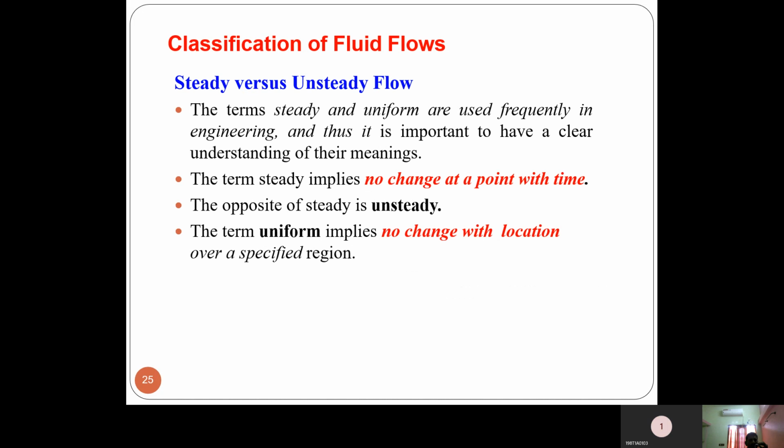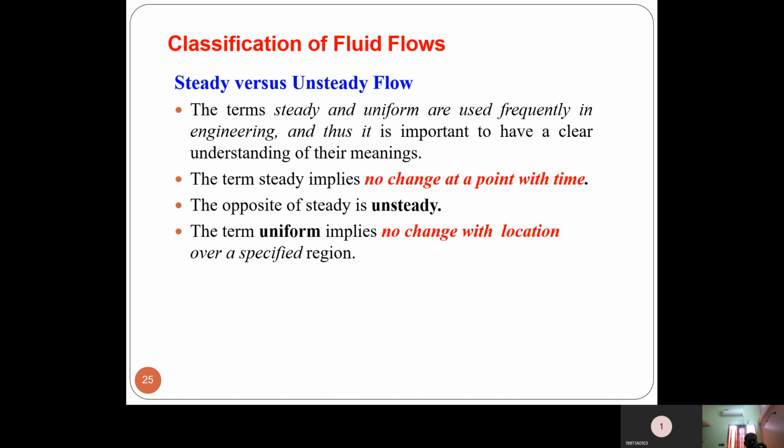Next classification, steady versus unsteady flow. The terms steady and uniform are frequently used in engineering, and thus it is important to have a clear understanding of their meanings. The term steady implies no change at a point with time.